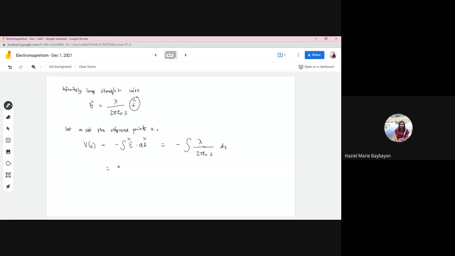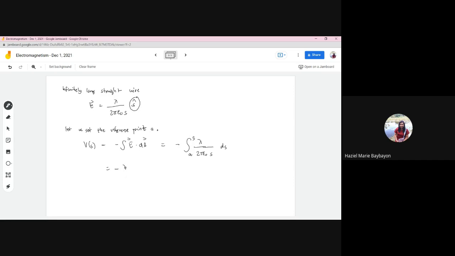So the limit here is from A towards S. Okay. So from point A towards S. We cannot set it at infinity since the wire extends to infinity.